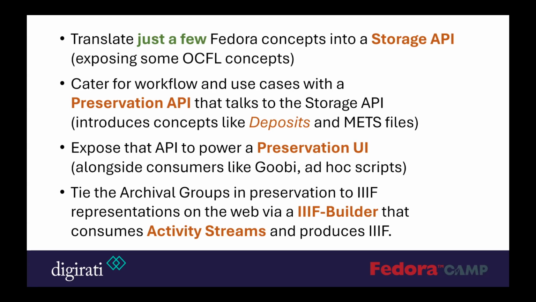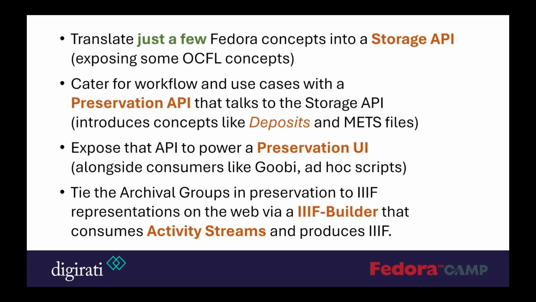And then the key thing is this preservation API, which understands workflows and things like METS files and the tools you might run. Whereas the storage API looks towards Fedora, the preservation API looks towards Leeds use cases and actual things that humans do.